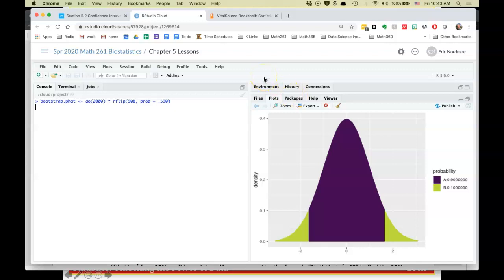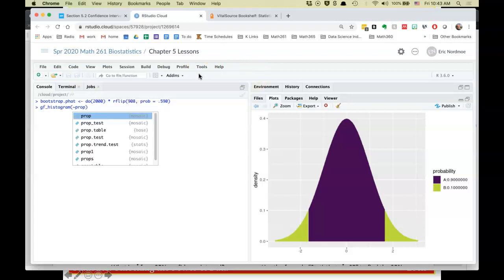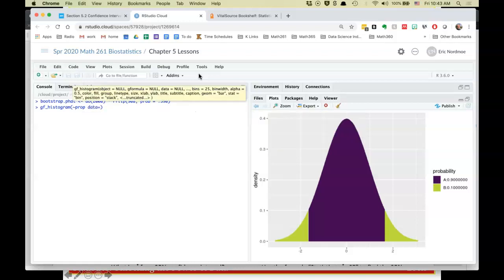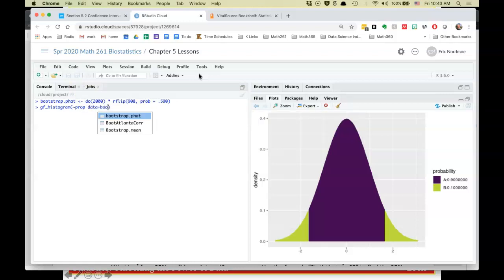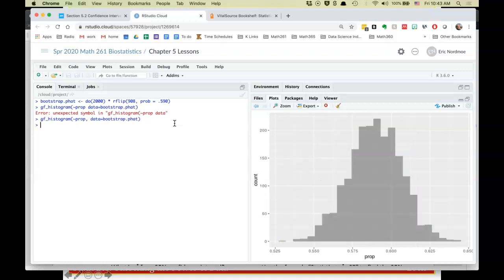You shouldn't need the prob there, but let's take a look and see what we got. So we'll do tilde prop, data equals, and remember we have to use the one that we just created. What did I forget to do there? Oh, I didn't have a comma. All right, and then it's centered at 0.59, which is what we want.